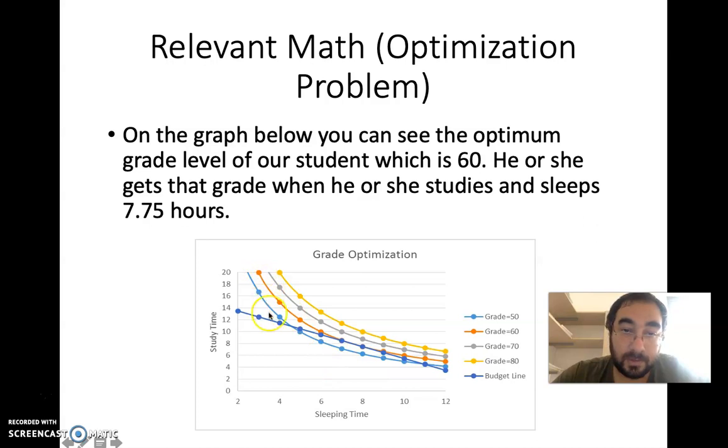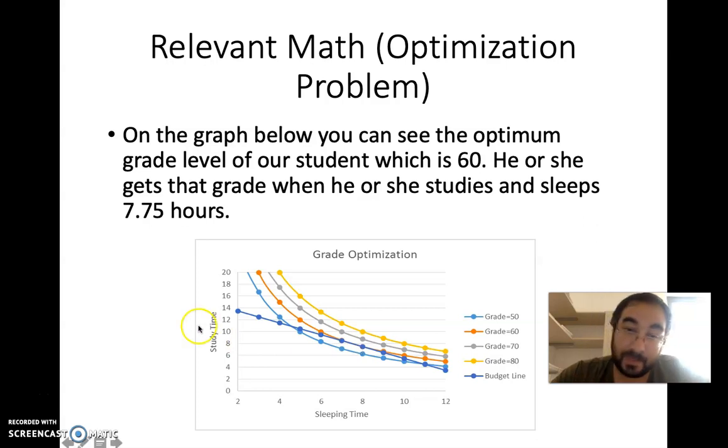You know it because our budget line is tangent to this indifference curve. Tangent means it never goes above the indifference curve. If it were not tangent, then it crossed the indifference curve, which means it will go above our indifference curve.